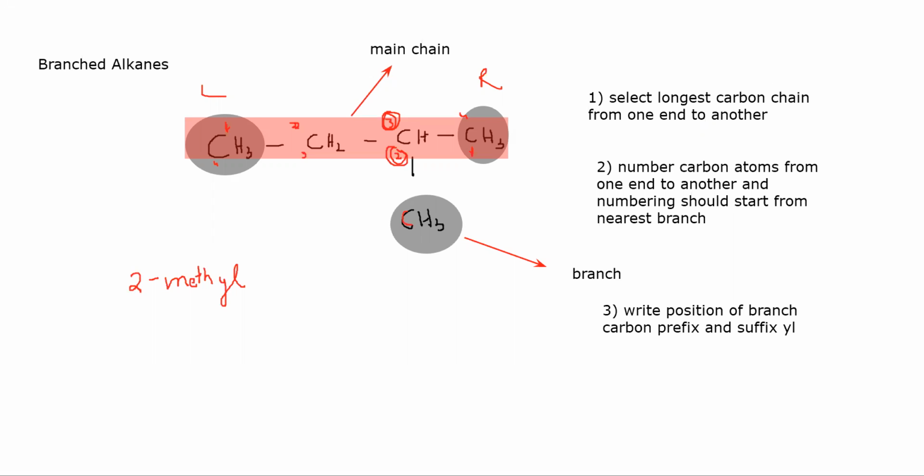Then the fourth point, for naming the chain. So the main chain contains how many carbon atoms? 4. 1, 2, 3, 4. For 4, which prefix do we use?